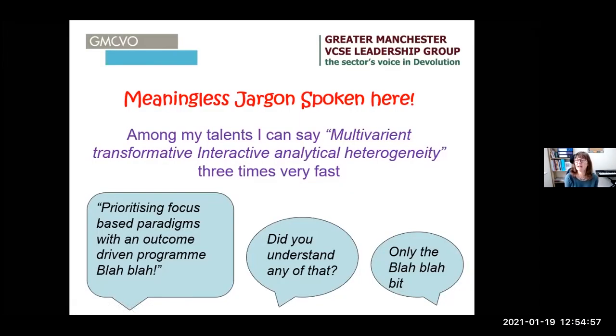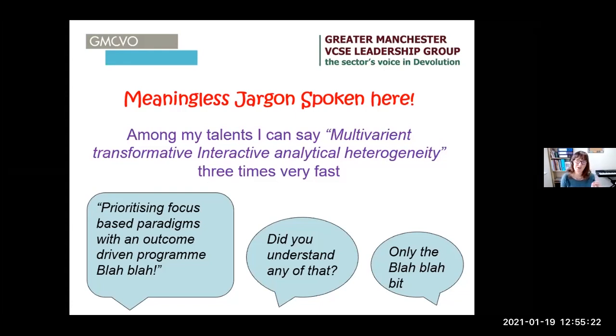So what we want to ensure when we're presenting our information to the communities that we work with is that nobody comes away feeling like this. That not only are we going into meetings and understanding what's going on, but when we simplify and present that information back to communities, nobody's going away thinking meaningless jargon spoken here.